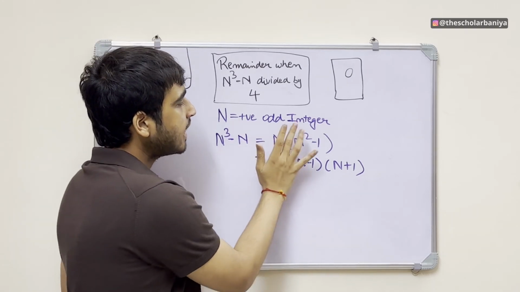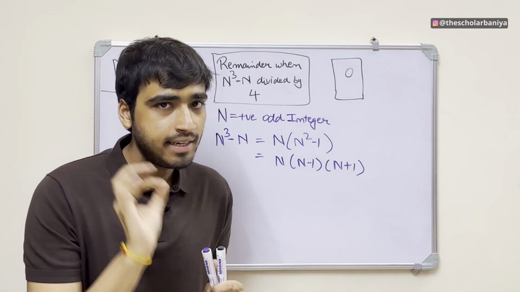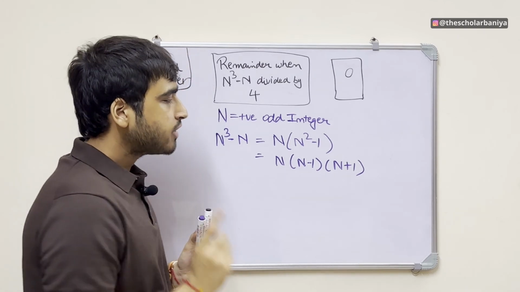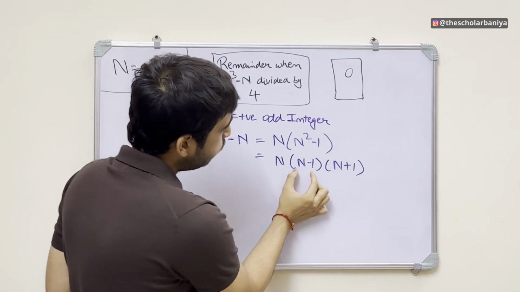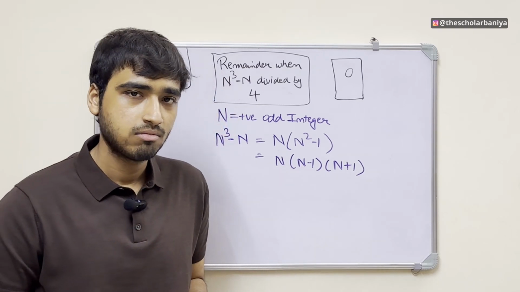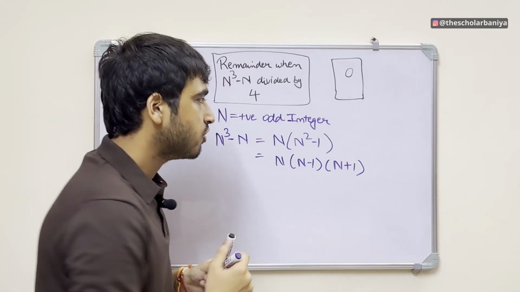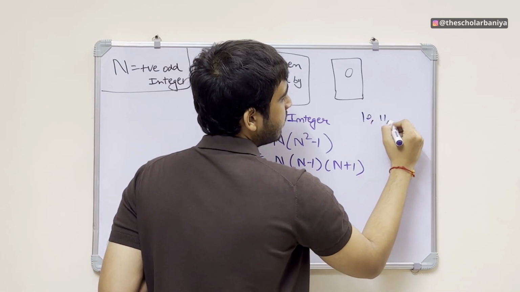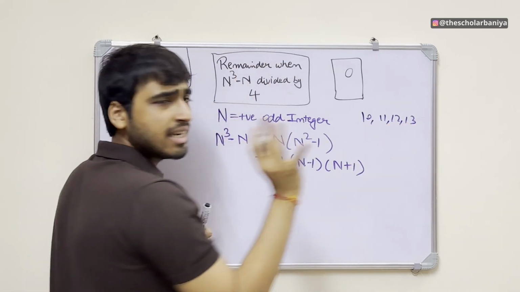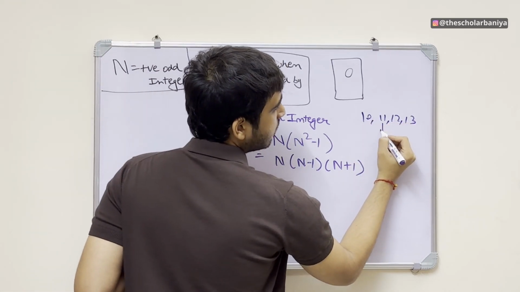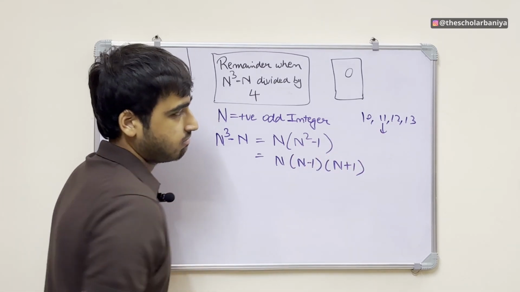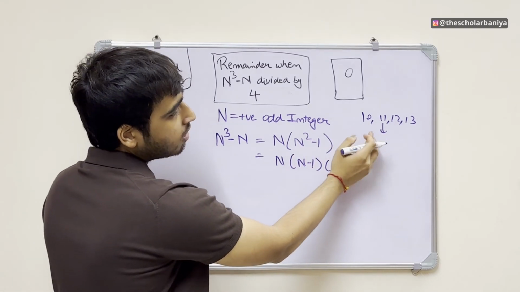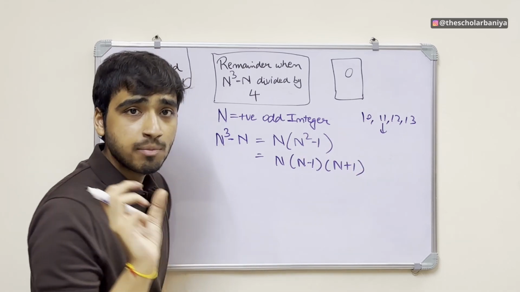Now I know that n is a positive odd integer, right? So tell me one thing, if n is an odd integer, what will be n minus 1? For example, if I take 11, which is a positive odd integer, then n minus 1 is 10, right? So any number before the odd integer will be even.